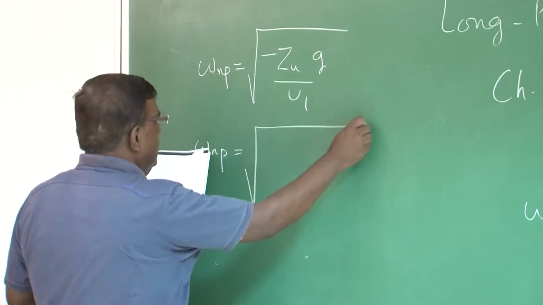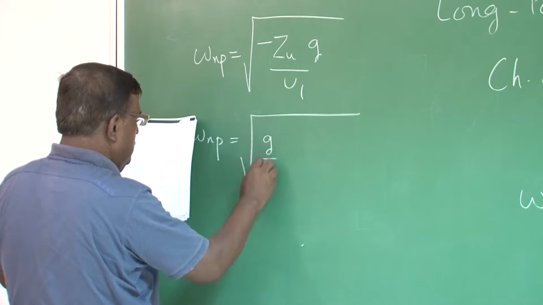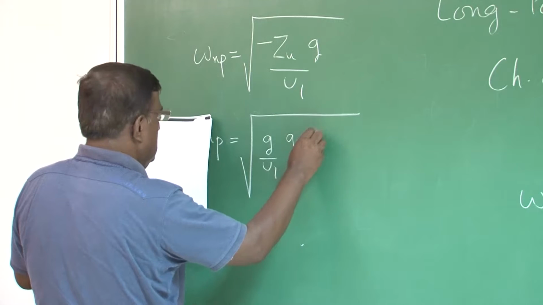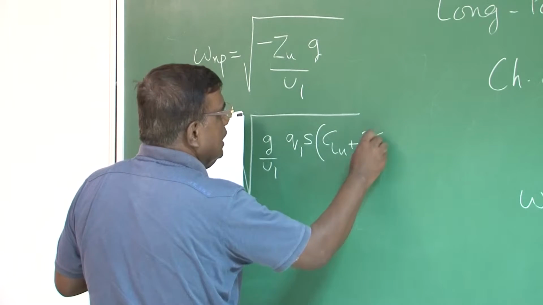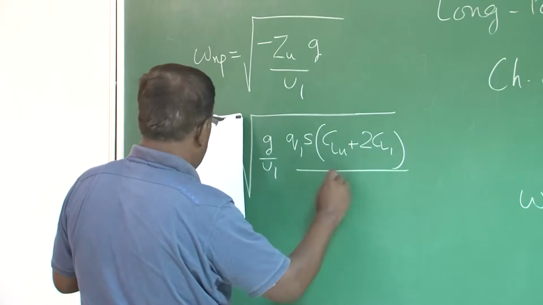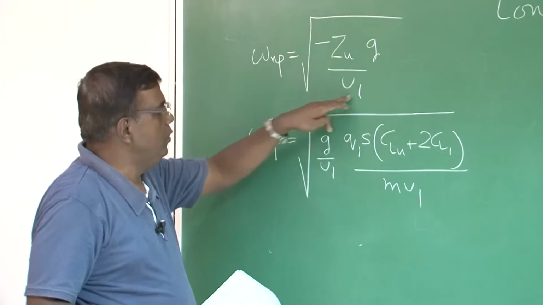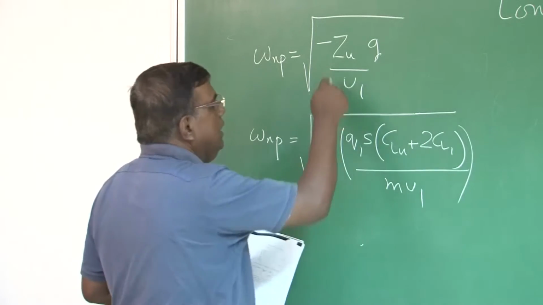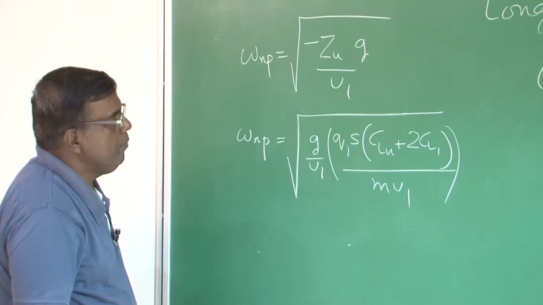So, we will get something like this: g by U1 into Q1 S (CLu plus 2 CL1) divided by m U1. What I have done, g by U1 is this one, and this is the expression of Zu, where there was a minus sign, so minus sign can become plus. So, I get an expression like this.